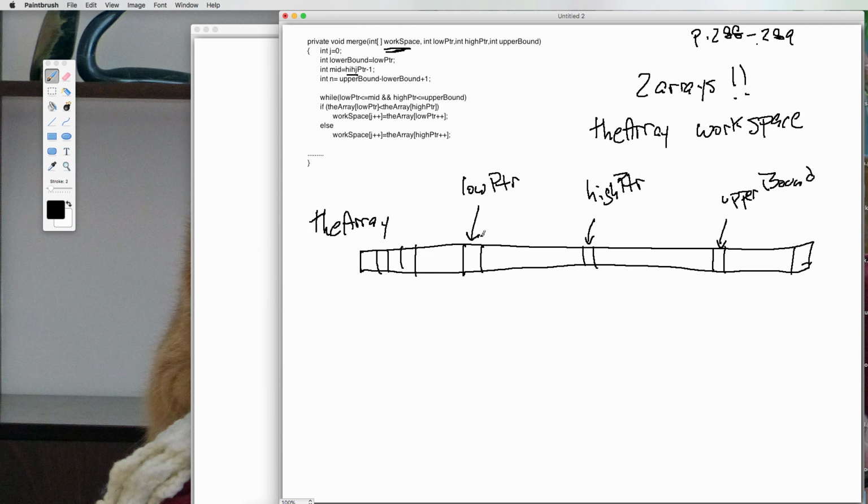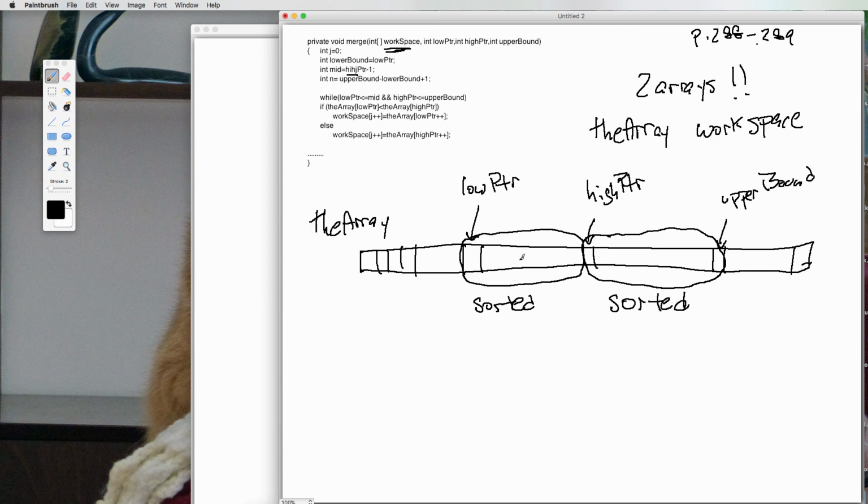And what your author is assuming here is the following. Okay, notice that he lets mid equal high pointer minus 1. So he's assuming that from here to here, this is sorted. And he's assuming that from here to here is sorted.